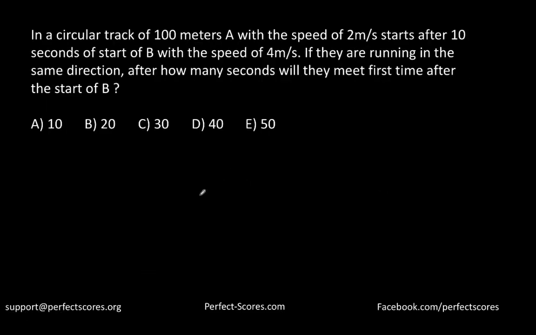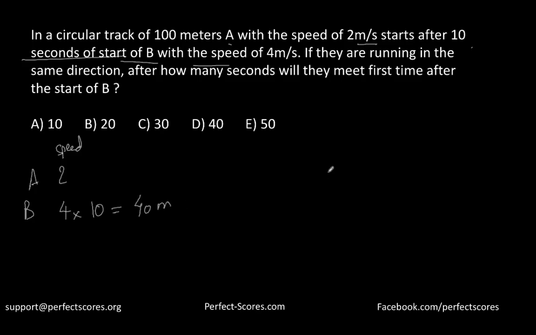Okay. So this question says that in a circular track of 100 meters, A has a speed of 2, and B has a speed of 4, and A starts after 10 seconds of the start of B. So that means B is already running for 10 seconds, so B has already covered 40 meters.